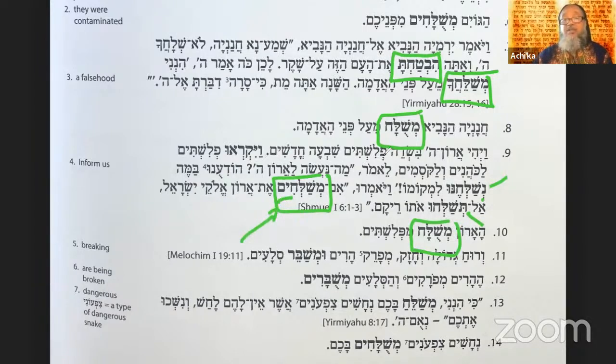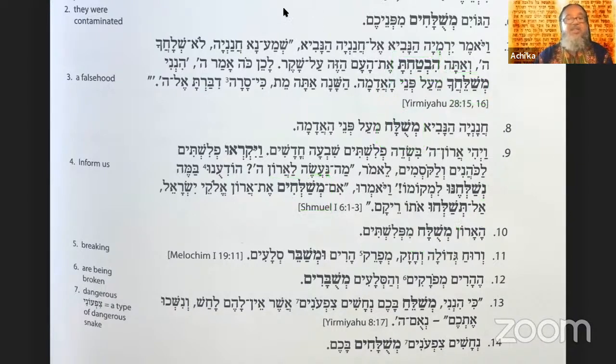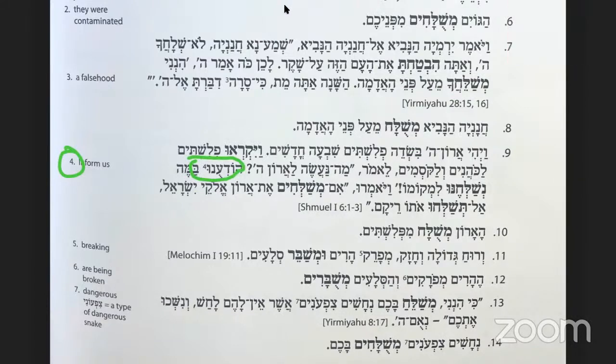You know that this is a 3rd person masculine singular. That's it. You guys are going to be like, whoa, I love this. The little numbers on the side, get your little notes over here when you do your stuff. And number 4, they're letting you know, number 4 means to inform us. Which is right here, which is Hori Unu. We are being informed.